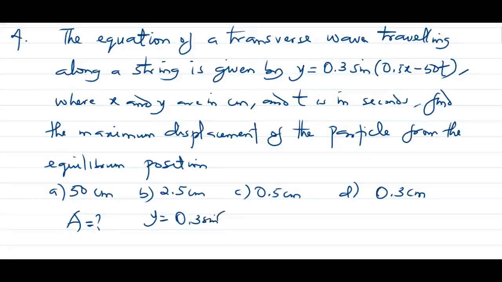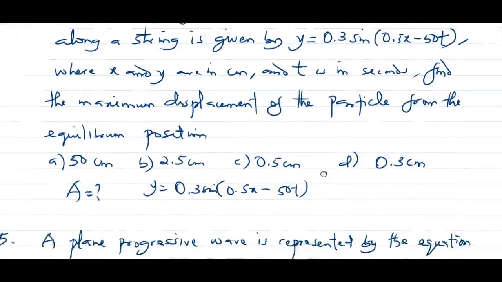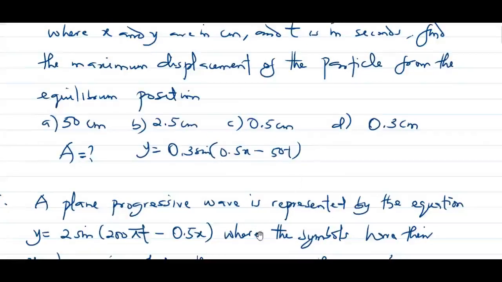So what we need to do is look at what is given to us. 0.3 sine 0.5x minus 50t. Then you look at your arsenal and think, which formula do I have in my arsenal that looks like this? So without thinking too much, you know that there was a formula that is this: y equals a sine.